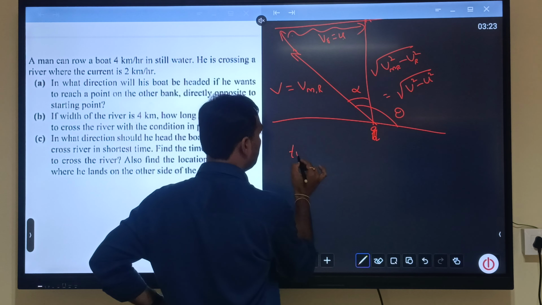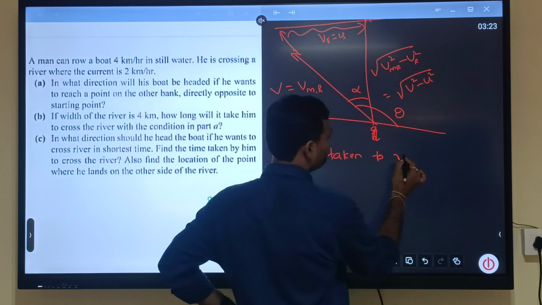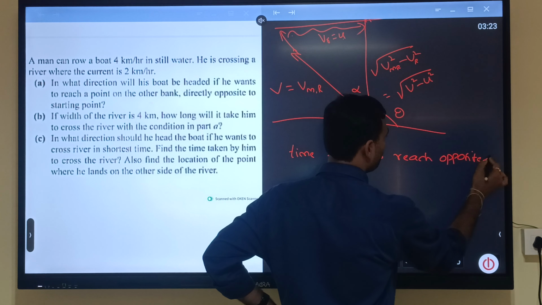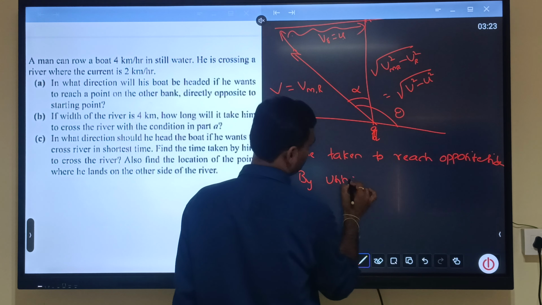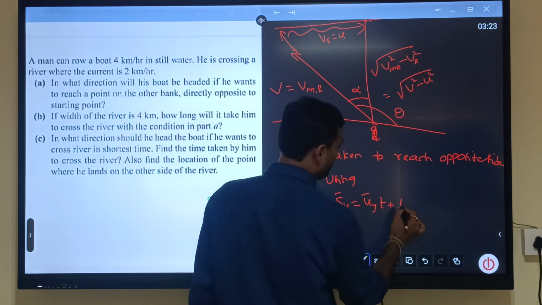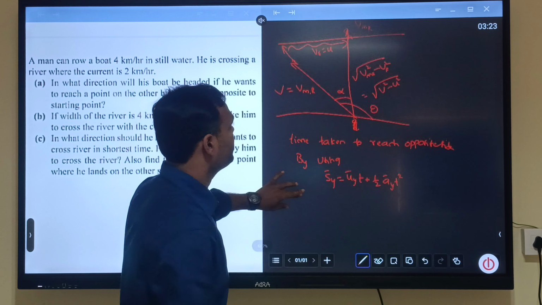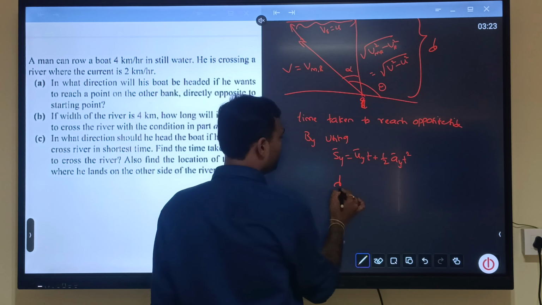Now, time taken to reach the opposite side by using Sy is equal to Uy t plus half a t square. Sy is the separation of the river, d.